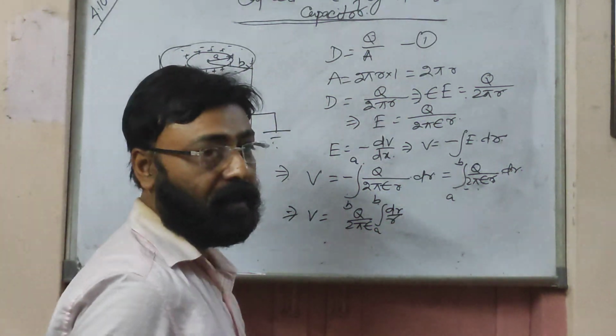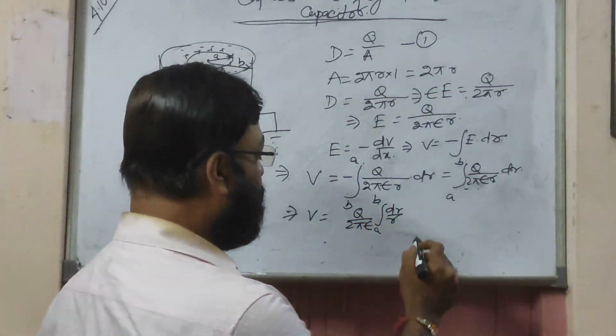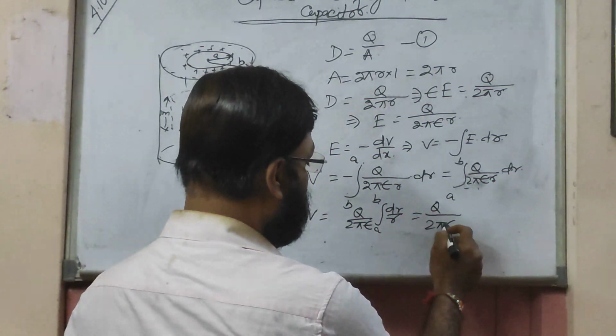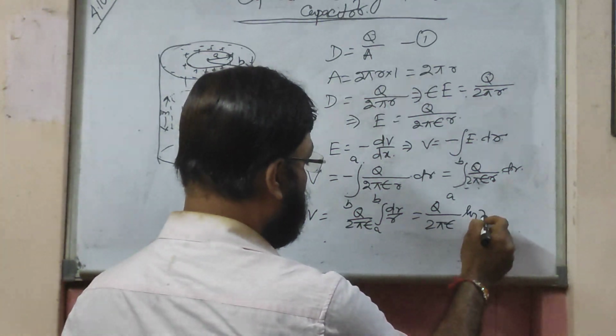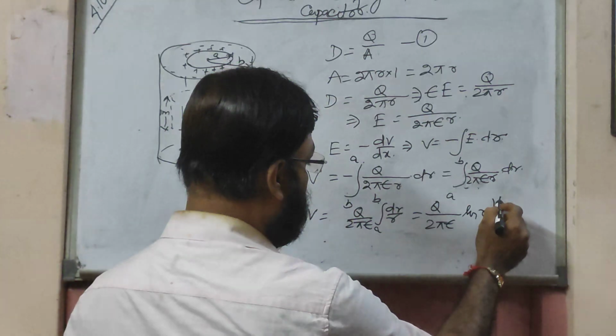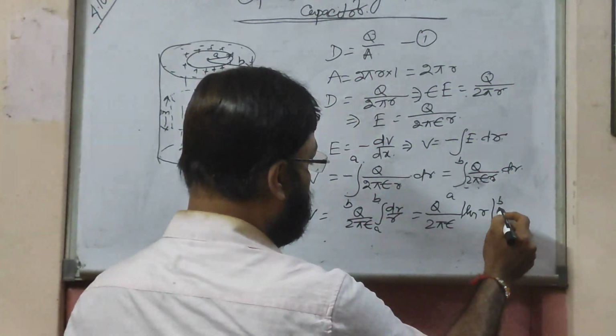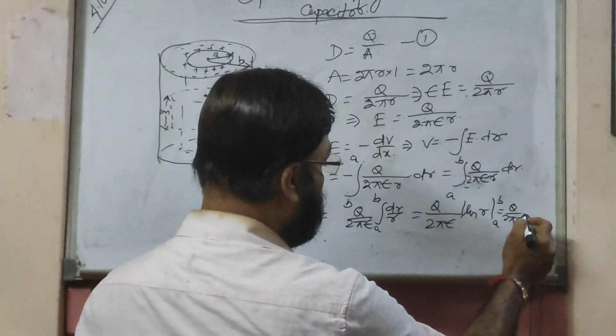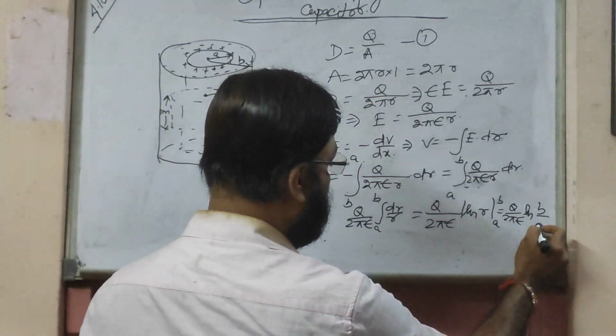You know that the integration of dr by r is ln r. So it will be Q by 2 pi epsilon into ln r. Now put the limits from A to B. That gives Q by 2 pi epsilon ln B by A.